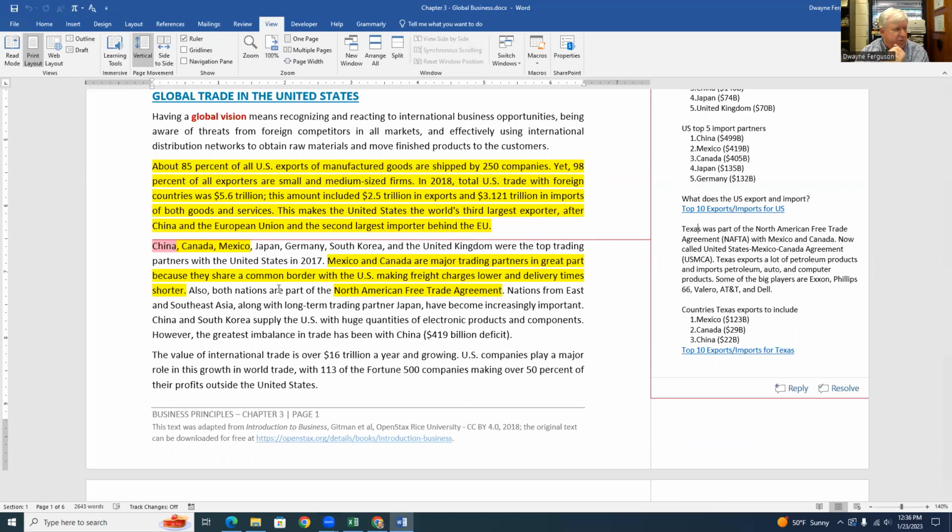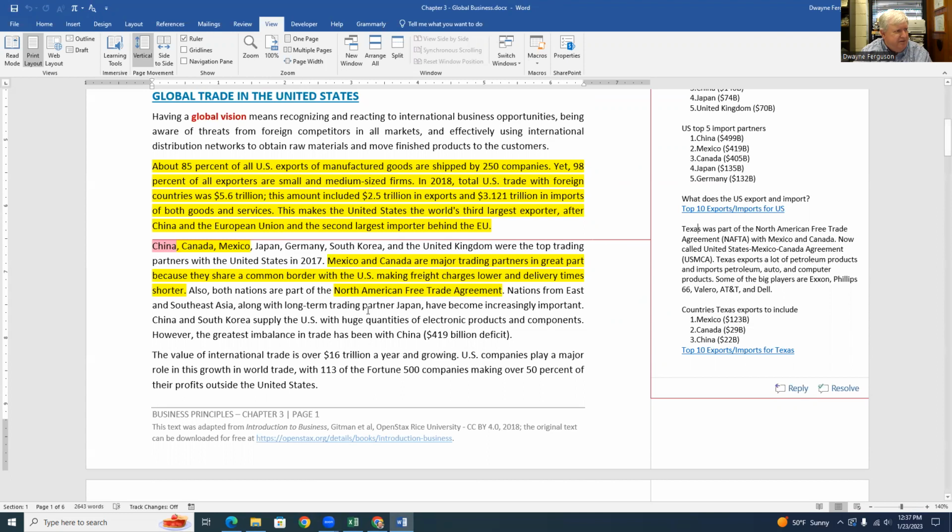So we have a common border, and as far as delivery, it's pretty easy to get it from one place to the other. And Canada has a very similar standard of living as we do. Mexico does not, but a lot of the goods that we make in the United States could be sold in Canada. It's at a very similar price, in other words.